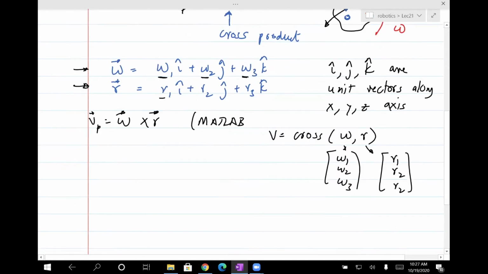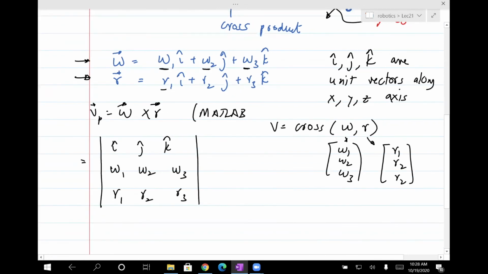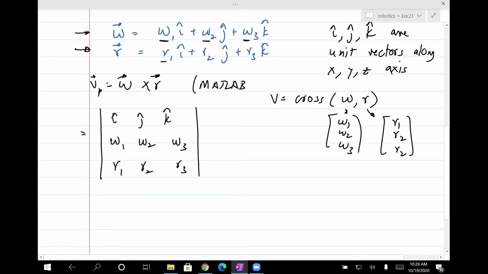Okay, if you want to do it by hand, and this is something you might remember from an earlier class, what you do is you find the determinant of this particular form. I wrote i, j, k for the unit vectors, omega 1, omega 2, omega 3 for the first vector, and then r1, r2, r3.